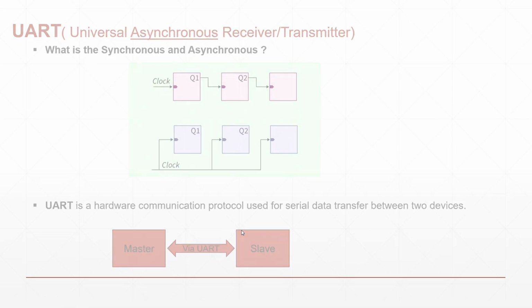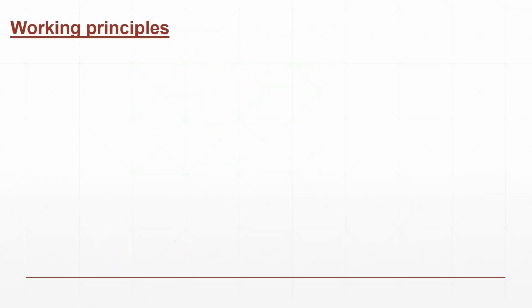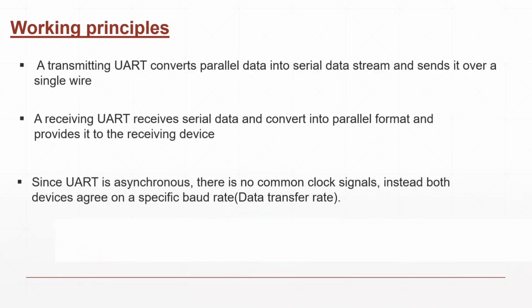Now let's study the working principle of the UART. A transmitting UART converts parallel data into a serial data stream and sends it over a single wire. So on the transmitting side, it will take parallel data. Where does this parallel data come from? Let's say you have one device taking data from the memory.